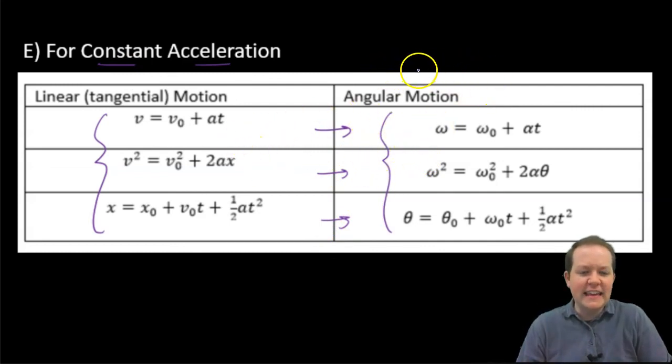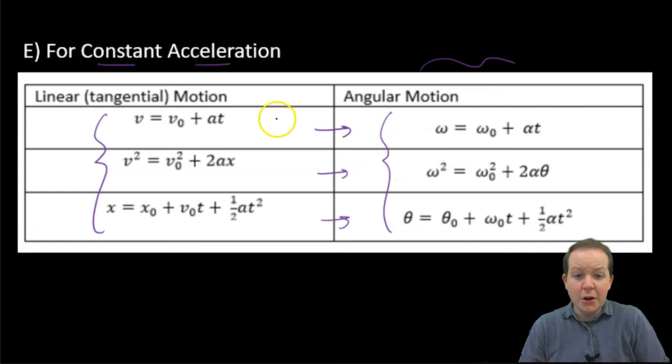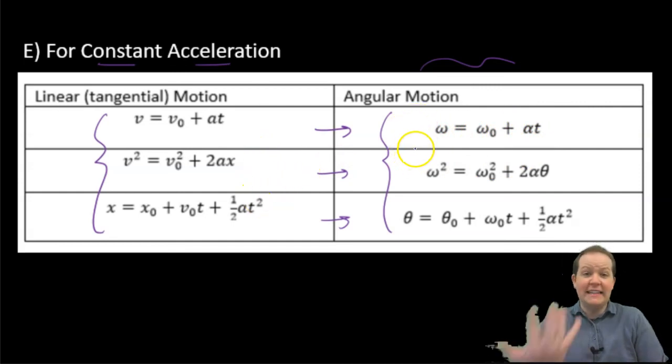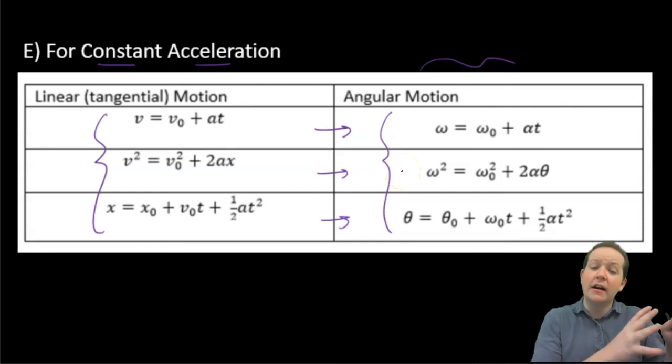But at the very least, these 3 equations, which are on the AP equation sheet, you might be asked to do a calculation with. Notice, they're the exact same thing. Velocity is initial velocity plus acceleration times time. Angular velocity is initial angular velocity plus angular acceleration times time. All 3 are more or less identical looking, just using their angular cousins.